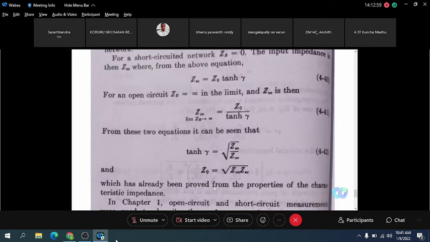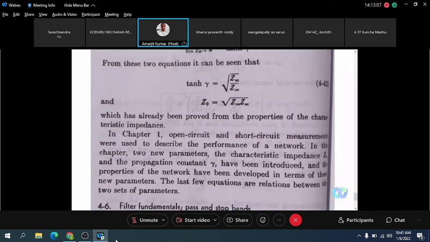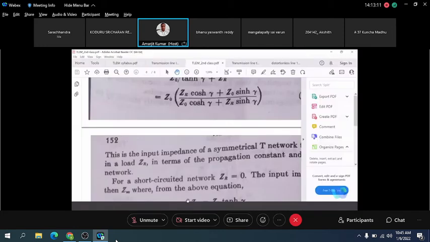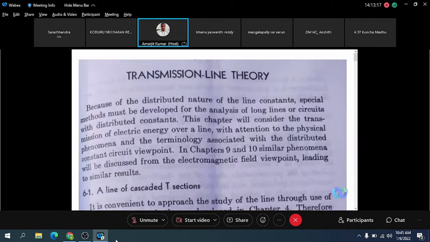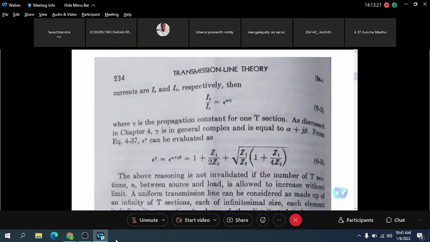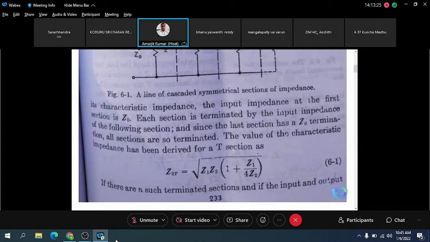Okay, so next we have to study the distributed transmission line. Yes, so we have to study next the distributed transmission line. So for studying distributed transmission line, first again you refresh all the concepts we have just discussed.